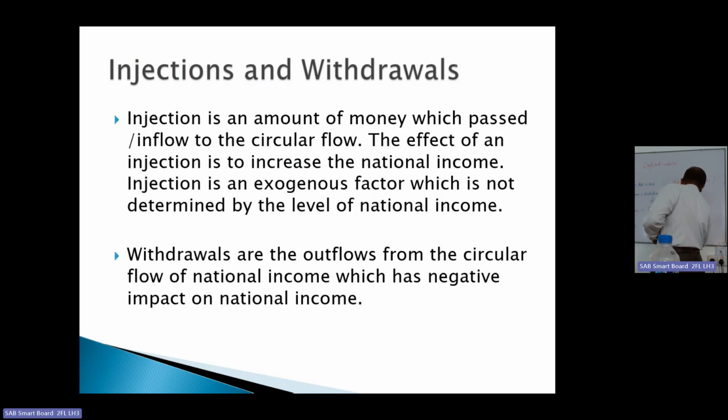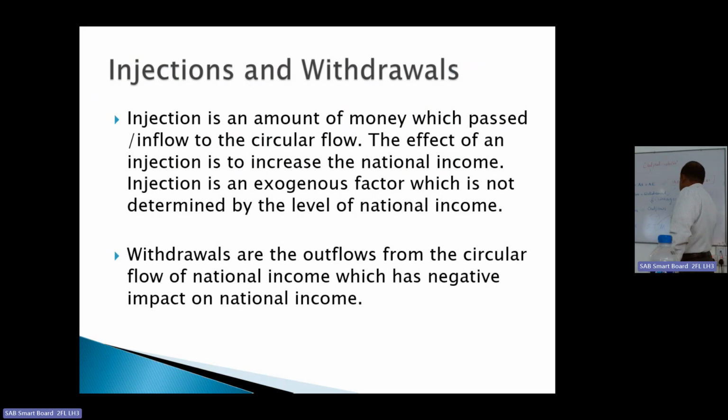Nominal income minus tax, Y minus T. That is disposable income, YD. When you receive income, you have to pay taxes based on your income. The rest you can consume or invest after paying taxes. So everything depends on disposable income. Consumption depends on disposable income.